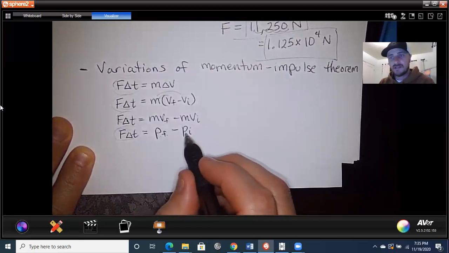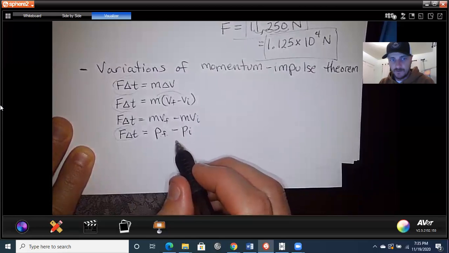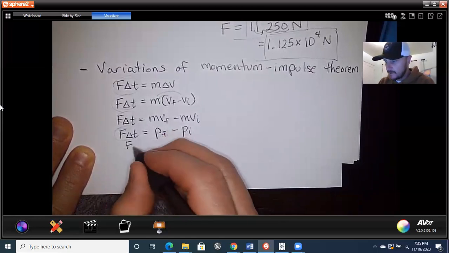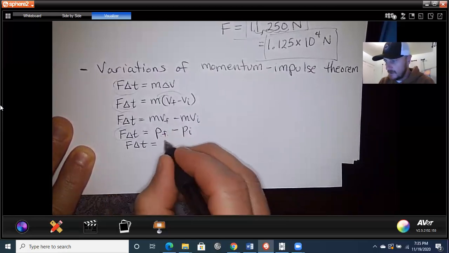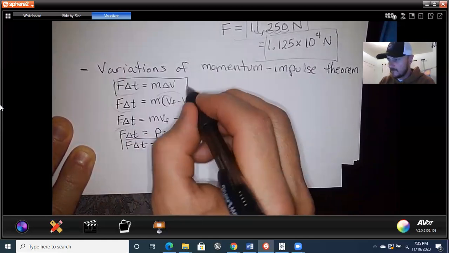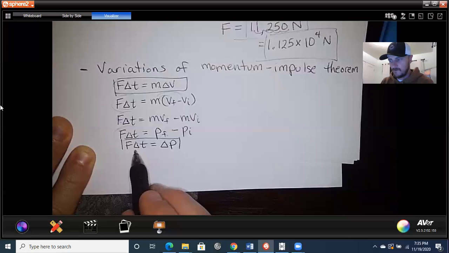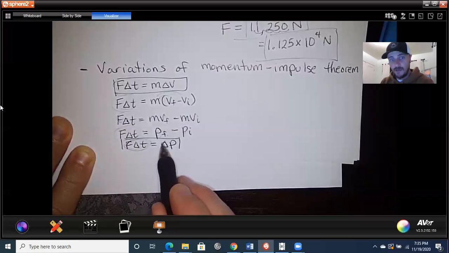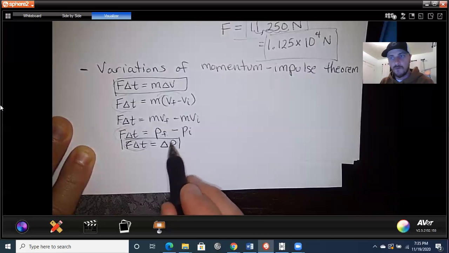Anytime you have a final minus an initial, you're talking about a delta. So your final version that you could box would be delta P. And actually, I like that version because we're talking about the impulse equaling the change in P, or momentum.